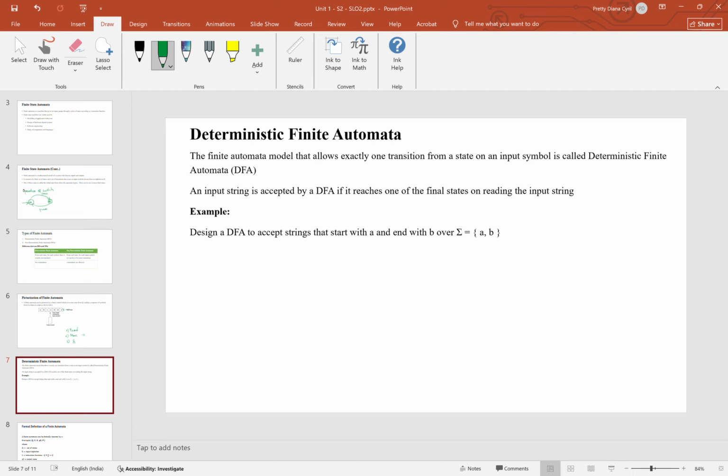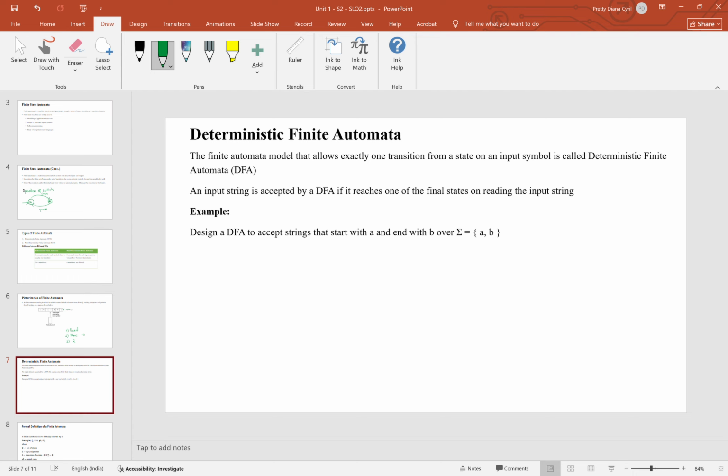The first example we are going to see here is how to design the DFA to accept strings that start with A and end with B over sigma equal to {A, B}. Here we have taken the input symbols as A and B. First we will draw the transition diagram.